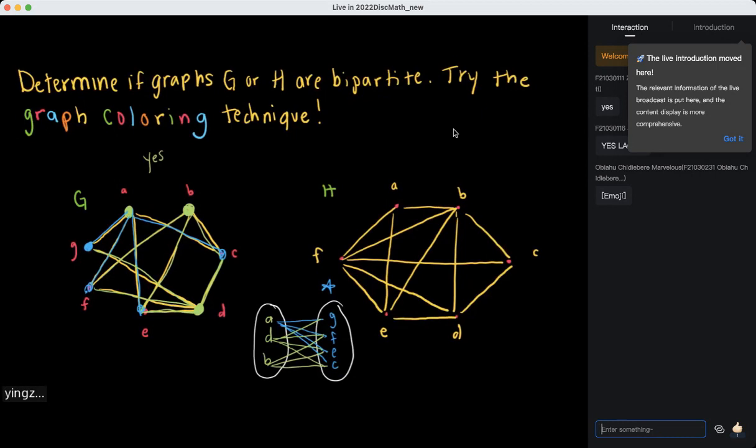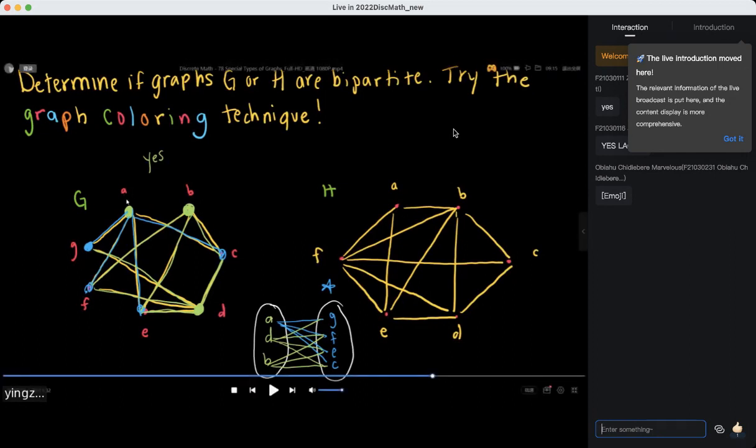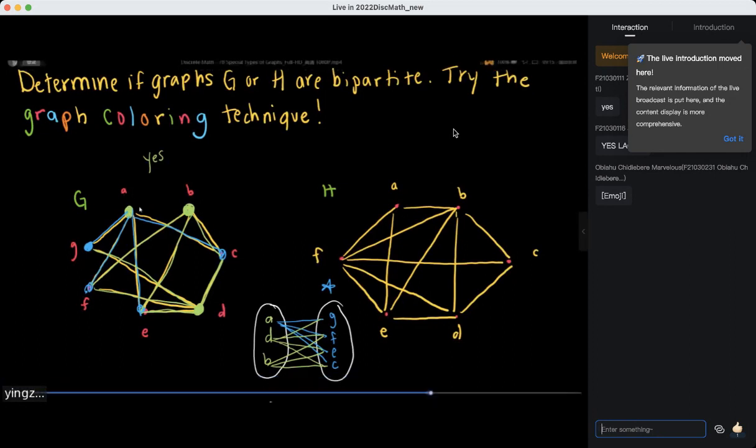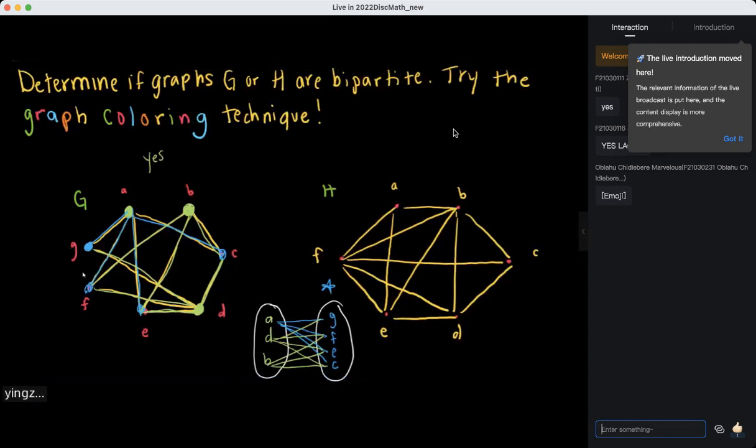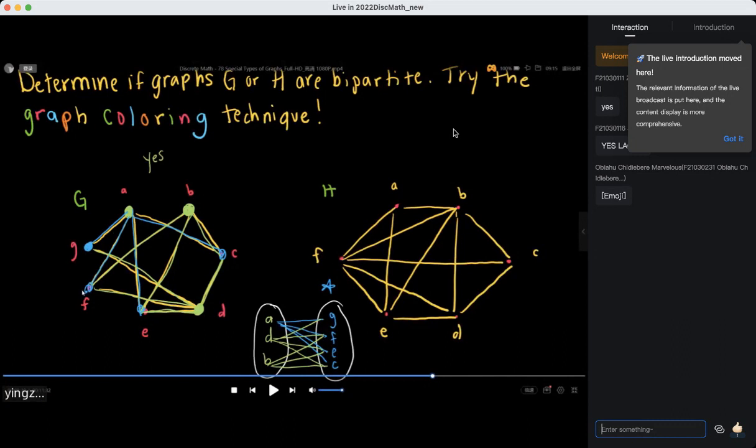So using the color maybe is very easy way to check. That means you can just use the color: when you connect, you should use another color. For example, you make the A node color green. So all the connected ones should have a different color. Here is a green or blue color, okay?